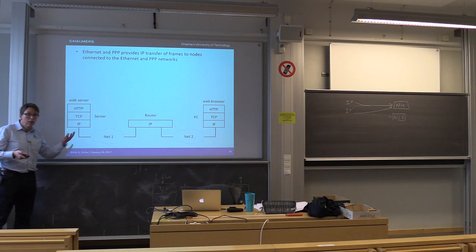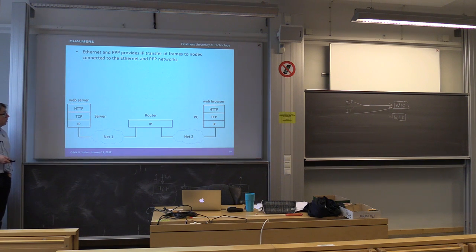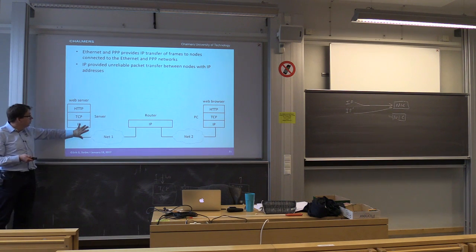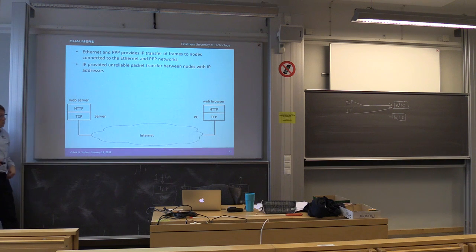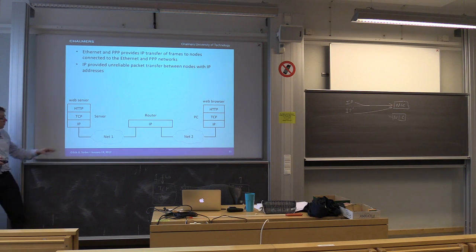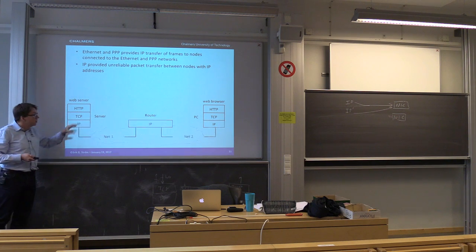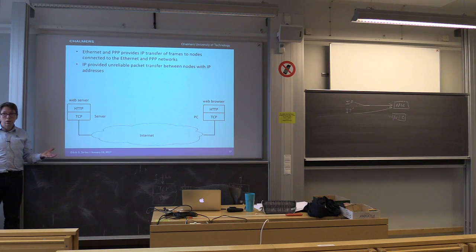That's the abstraction. IP provides unreliable packet transmission over these. Now, IP hides what's going on here from TCP. Instead of two networks, TCP just sees one network, namely a special instance of the internet.